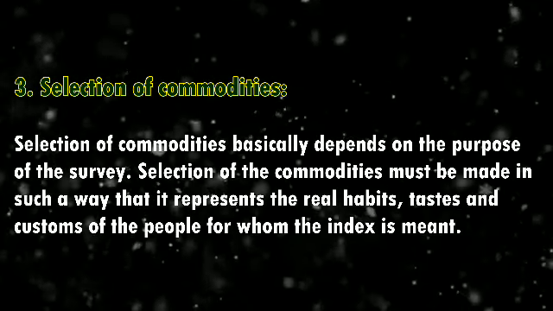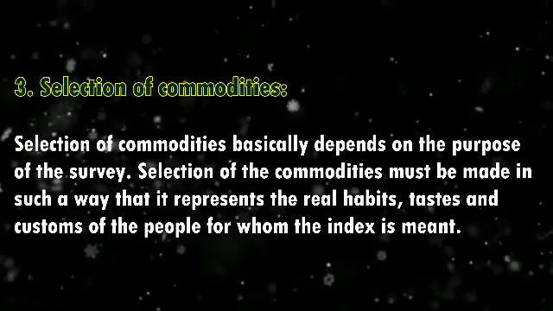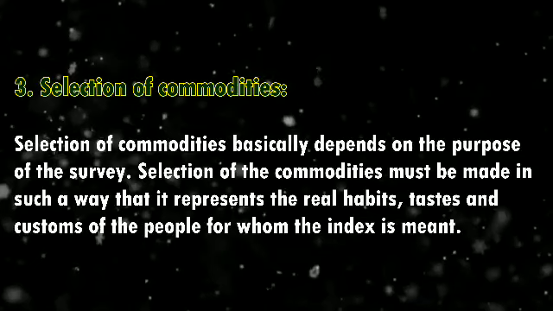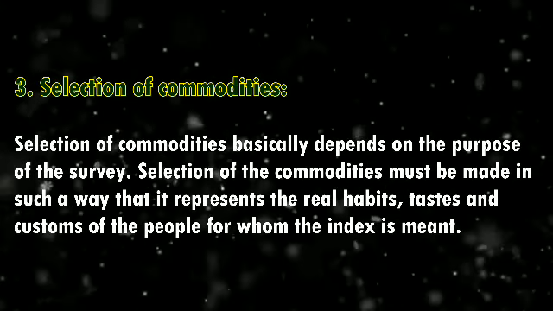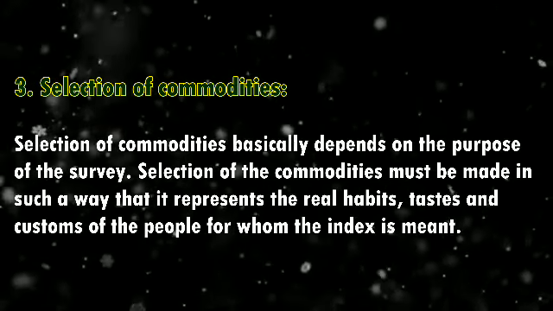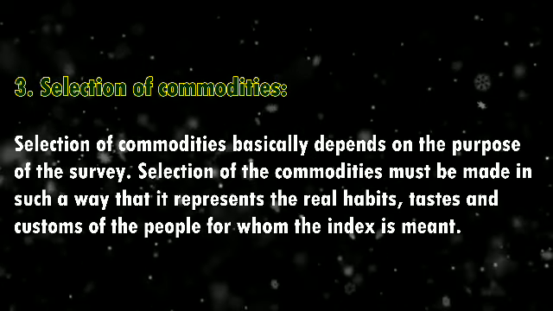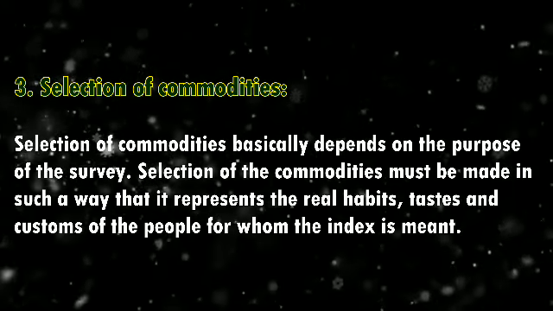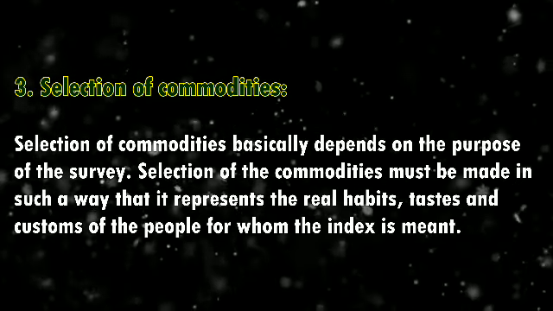Guidelines for the selection of commodities are as follows. First one, the number of commodities should neither be too large nor too small. Selection of commodities should contain standard or graded items, and there must be no significant variation in the quality.